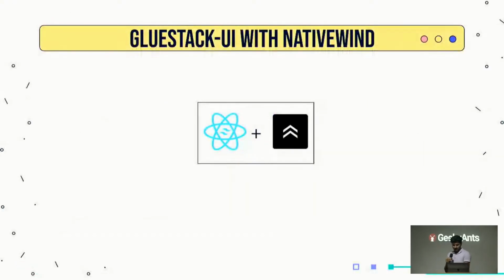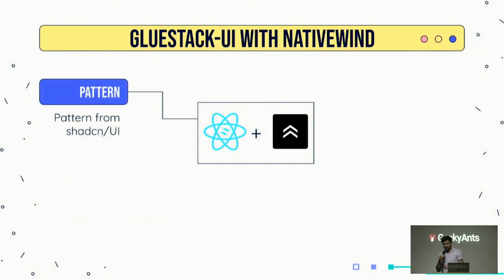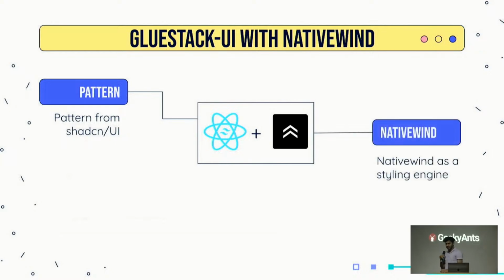So this is how we built GlueStack UI with NativeWind. We got patterns from Shadcn UI. All the copy-pastable elements and the way of styling we get from Shadcn UI. We also added our own patterns to it, and we use NativeWind to provide Tailwind-like scripting syntax.